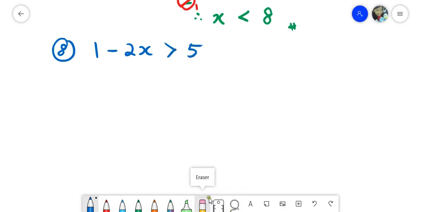What are you supposed to do? Same thing, remain the x on the left. Since you have one positive 1 here, how to get rid of the 1? Yes, you minus 1 on both sides. So now you have negative 2x greater than 4.